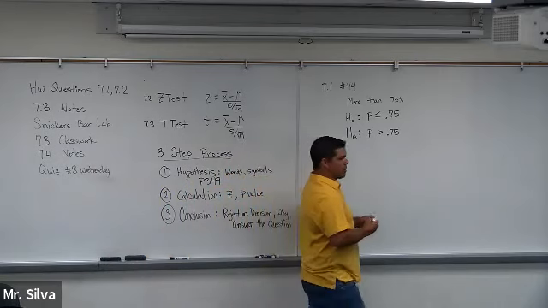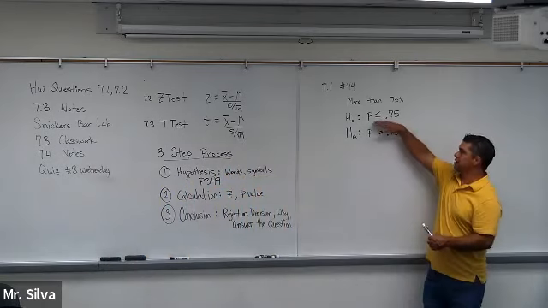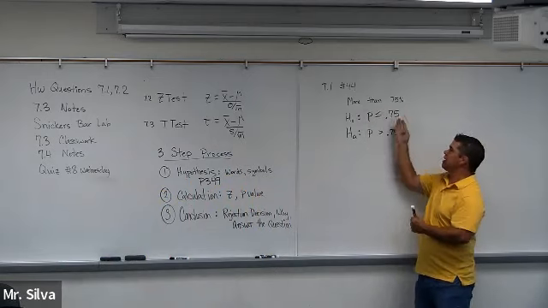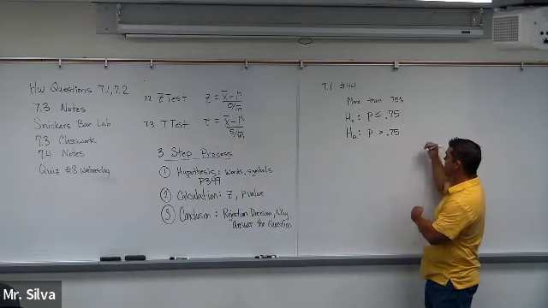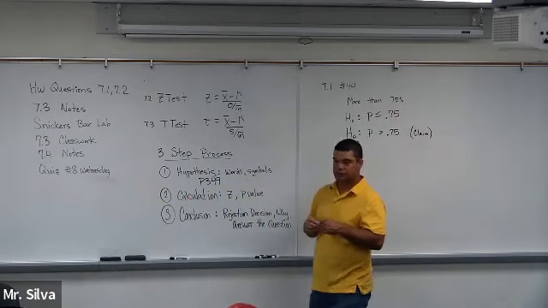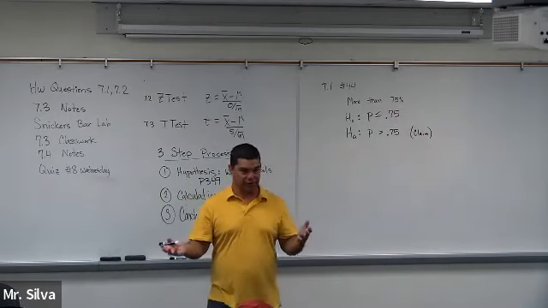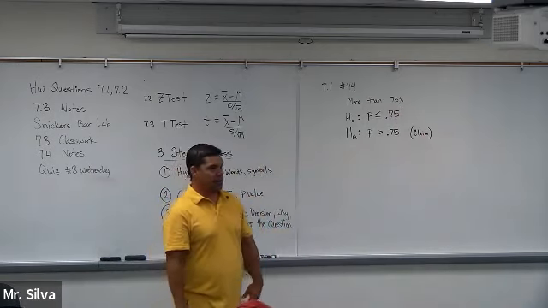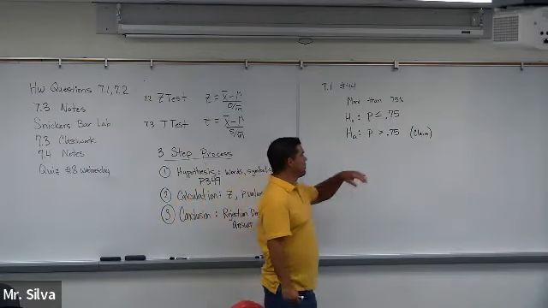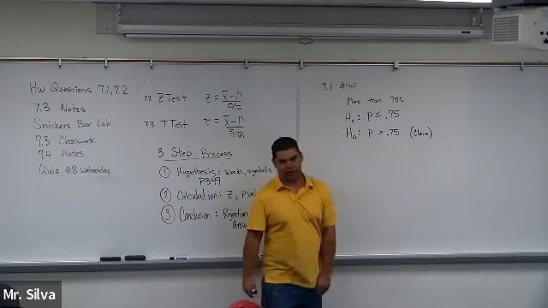So we're going to write the claim is either HO or it's HA. So it said more than, there's the claim, so I'm going to say that the claim is the HA. And usually we just put parentheses, claim. That's what they told us, right? And we're going to collect data in 7.2 and compare our data to what our claim is going to be.